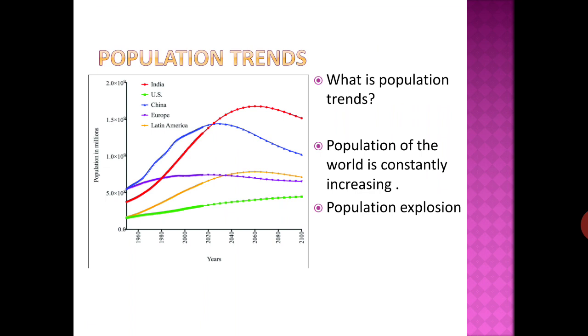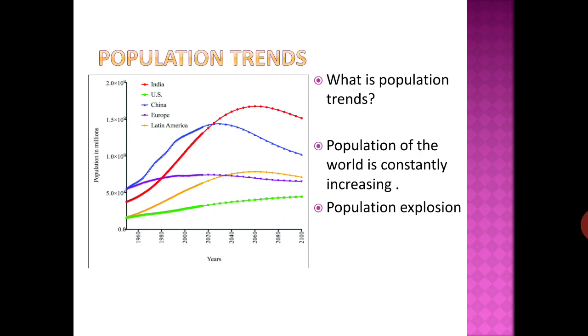Before the 17th century, the population of the world was growing very slowly, but after the 17th century, because of many contributing factors, the population grew in a multifold manner.